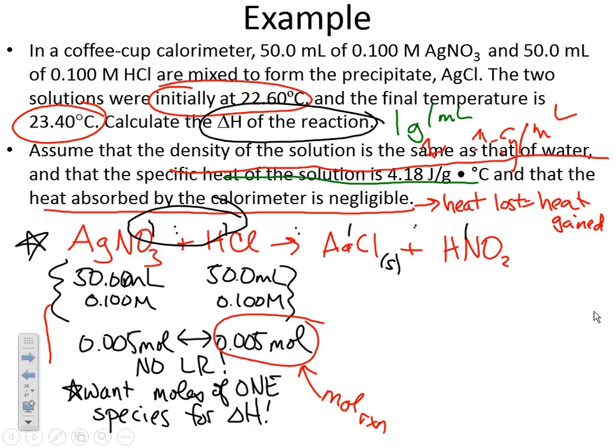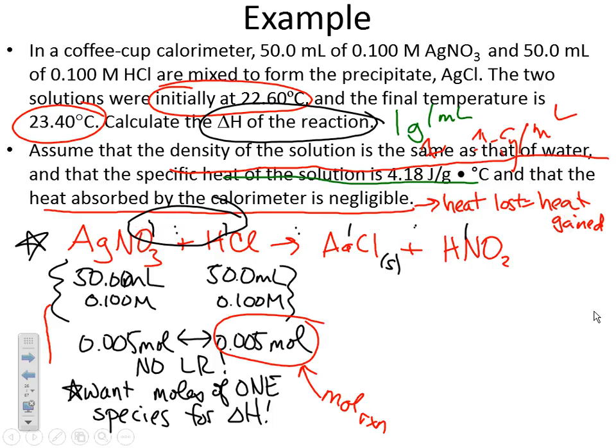It's not saying, hey, it's 2 because 1 plus 1 is 2. No, no, no. They're in a 1-to-1. So if I have 0.005 moles of one thing, I know it needs 0.005 moles of something else. This is going to be my per mole of reaction. I'm not going to add them together. You only want moles of one thing. So that's great. That gives me that value that I'm going to need in delta H equals kilojoules over per mole of reaction, the 0.005 moles. That's my per mole of reaction.